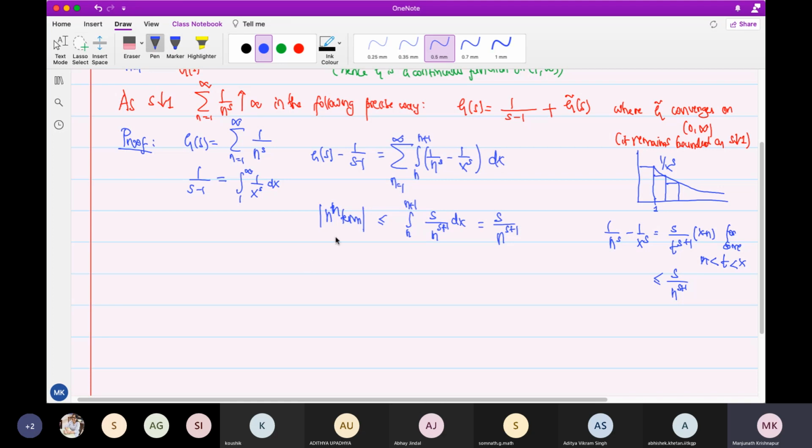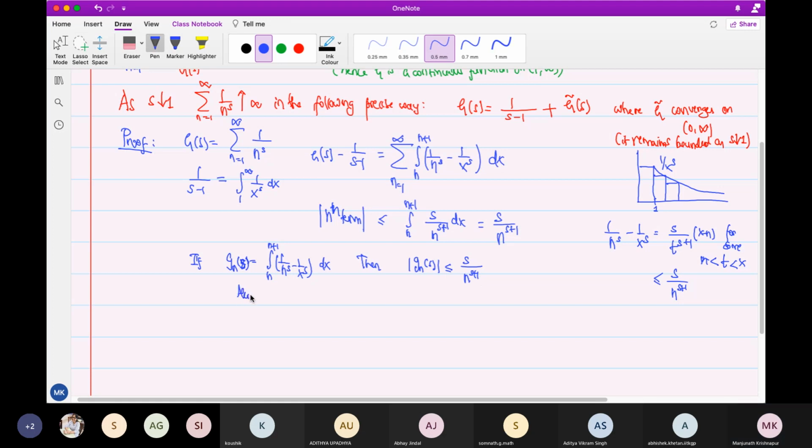Hence, the right-hand side, to be strict, what we are saying is that if Gn of s is the integral from n to n plus 1 of 1 by n to the s minus 1 by x to the s, yeah, Gn of s, not x, Gn of s. If this is the case, then what we are saying is Gn of s is bounded by s by n to the s plus 1.